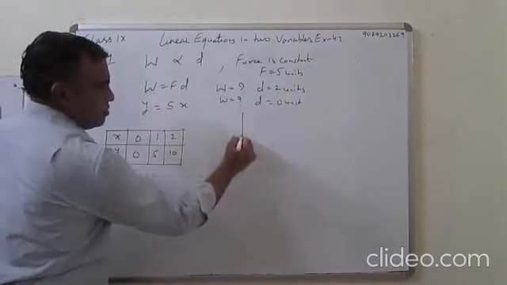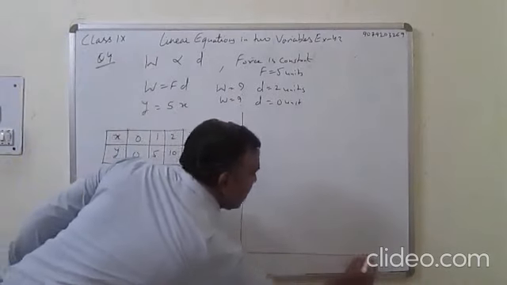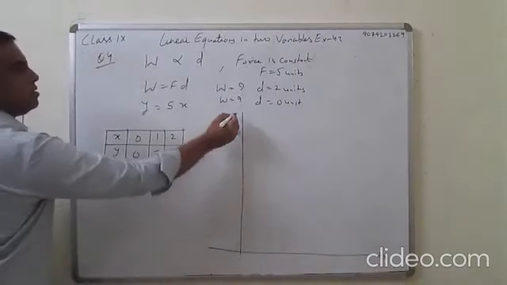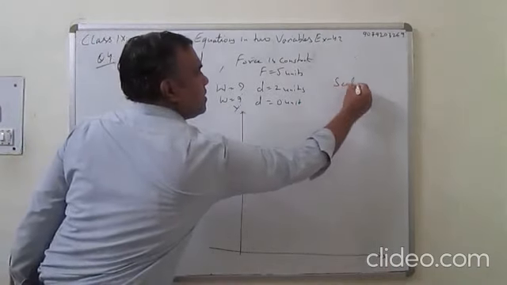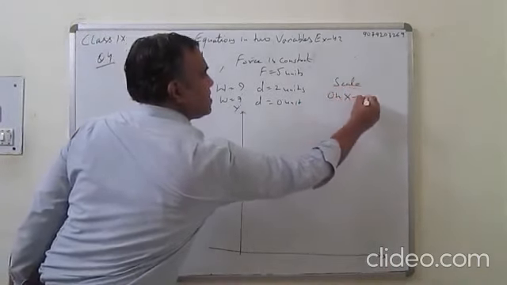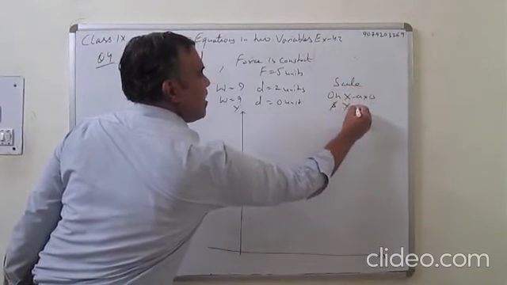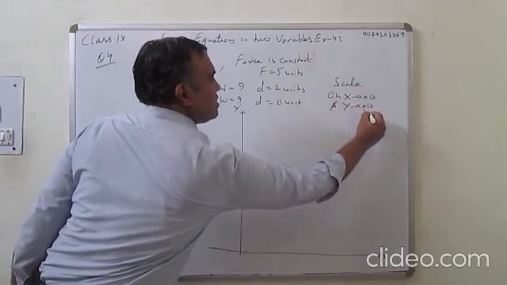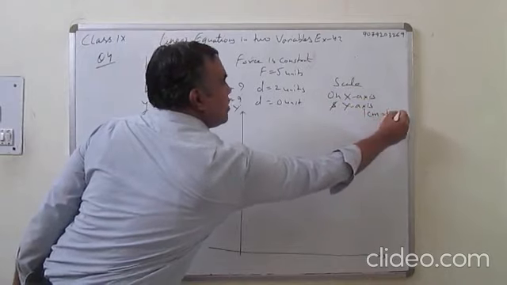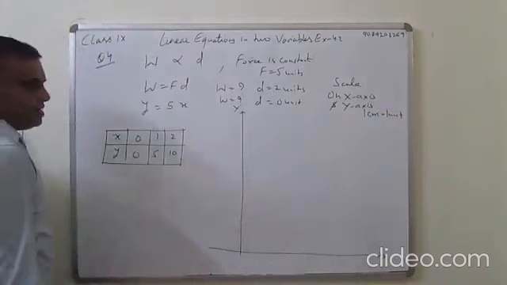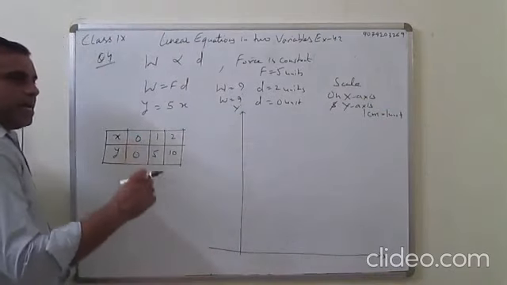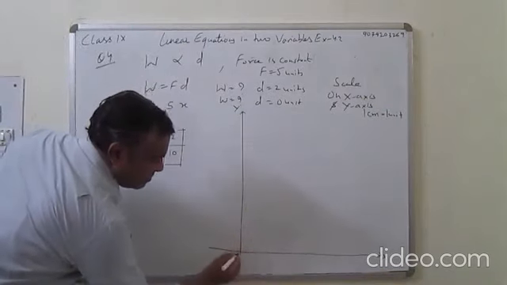Now draw a graph, x-axis, this is y-axis. Scale you can take on x-axis and y-axis 1 centimeter is equal to 1 unit. In graph you see 1 centimeter block is there. 1 centimeter block contains 10 mm, 10 lines in there.